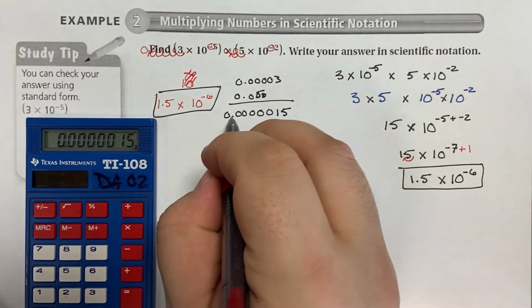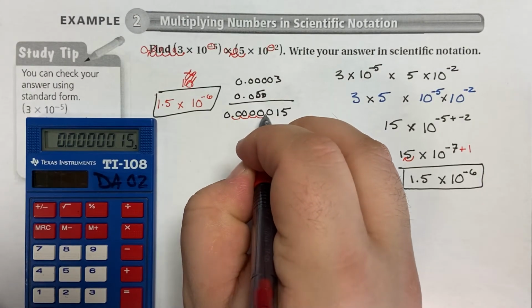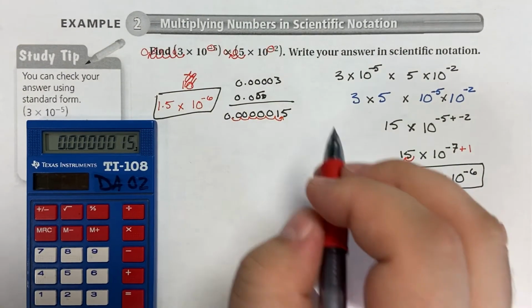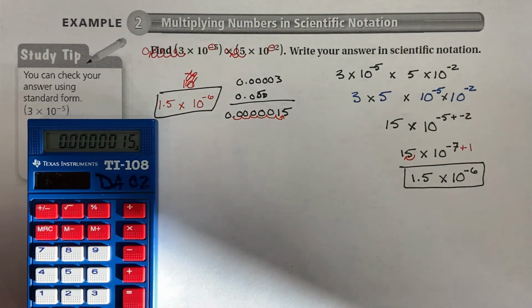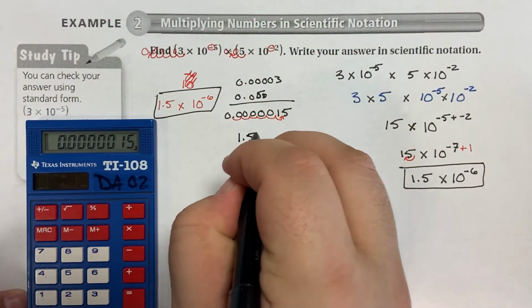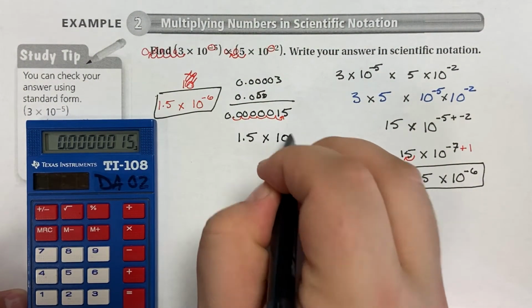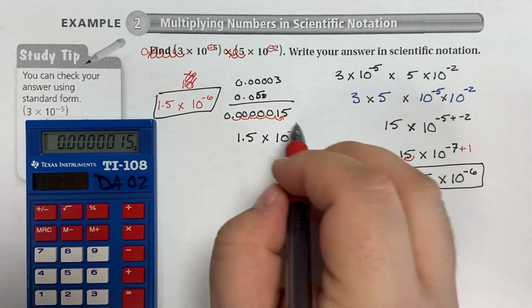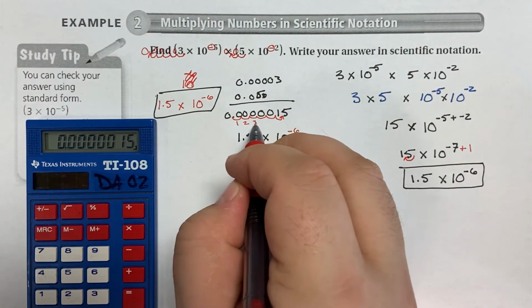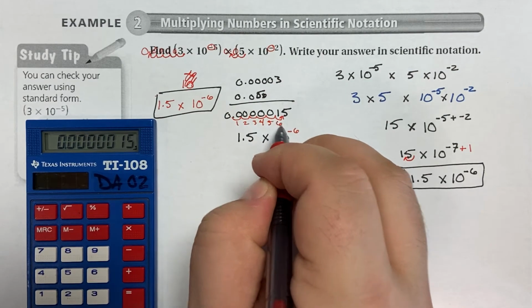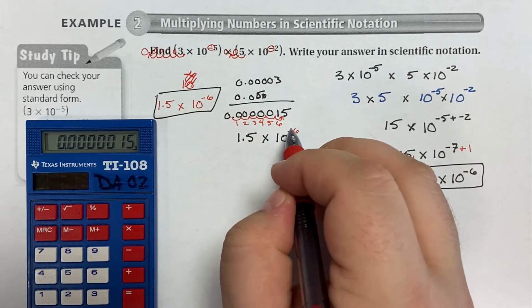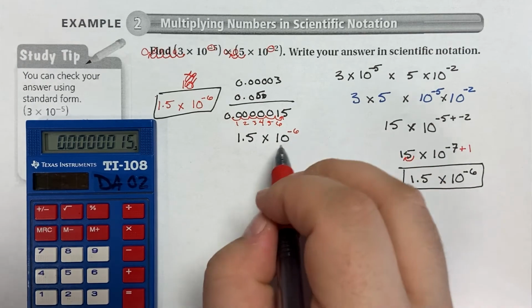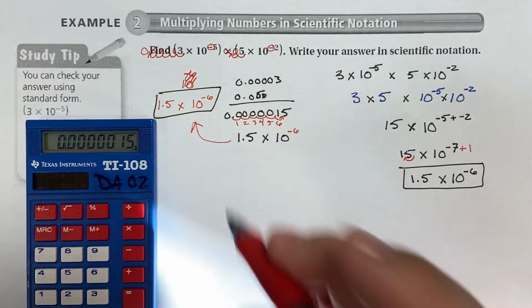And then I gotta sit here and count 1, 2, 3, 4, 5, 6. And then I get 1.5 times 10 to the -6. Because I counted 1, 2, 3, 4, 5, 6, and I'm making it smaller, so I have that -6 times, and that's how I got my answer there.